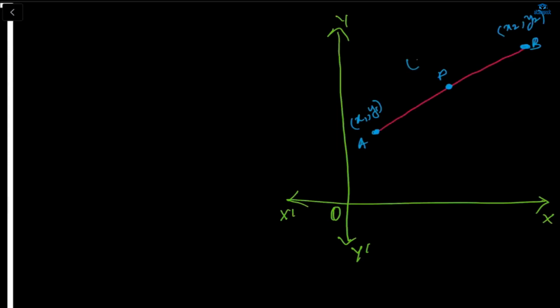This P we take as x, y. The ratio is M1 and M2, so the ratio of M1 to M2.